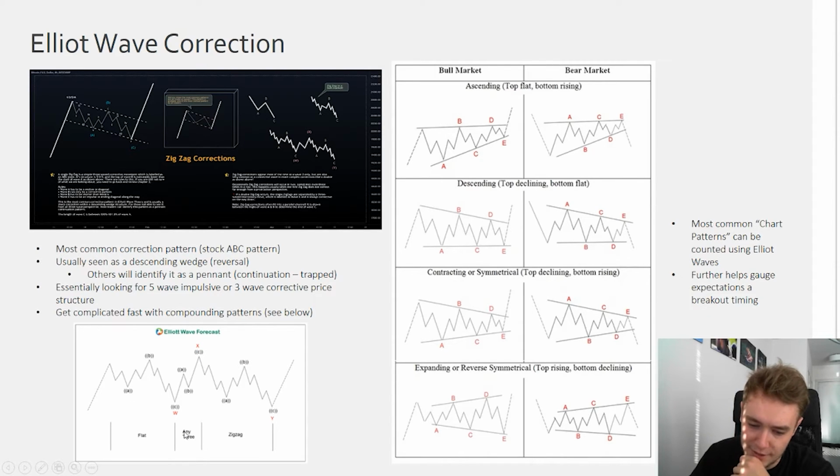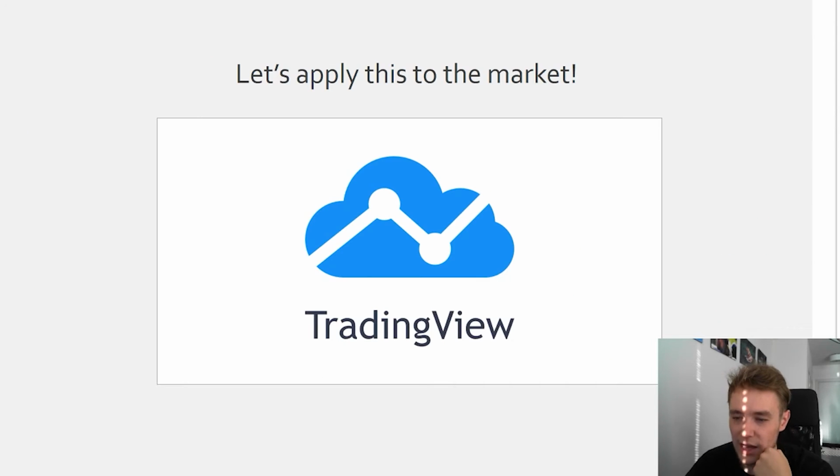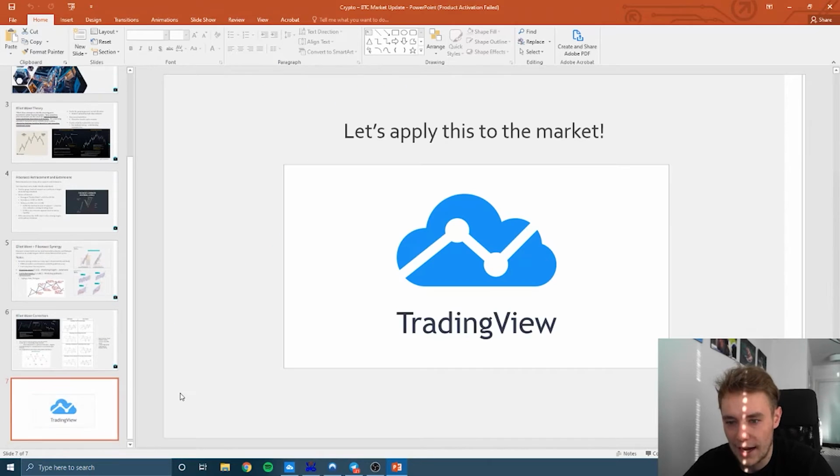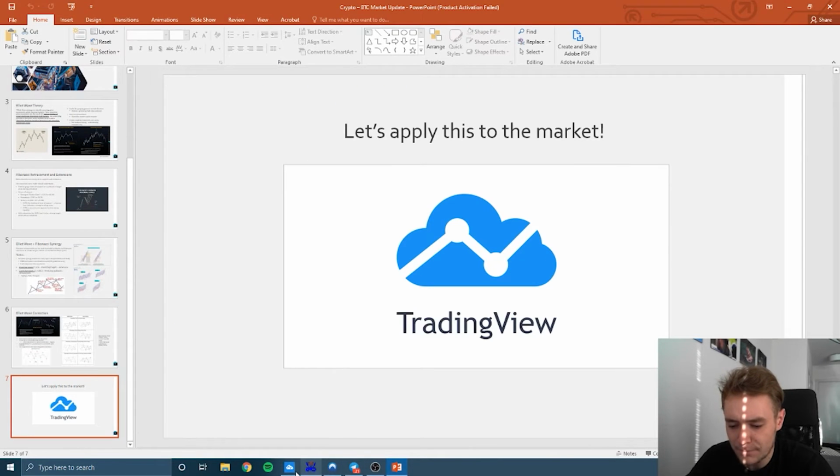You can go from a flat into a zigzag, and that'll complete that corrective wave. So it's kind of hard to predict. Not one of these patterns is guaranteed to decide that local bottom or whatever. So you can't just rely on only one of these patterns to fit every narrative. But without further ado, let's get into TradingView and apply some of these theories.